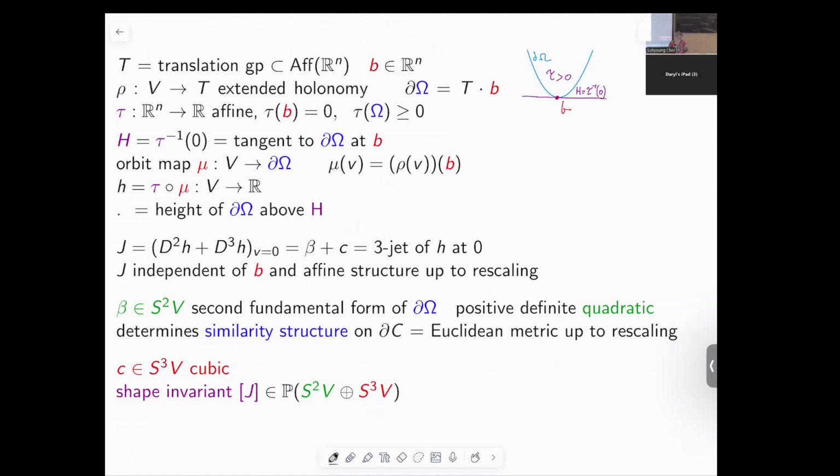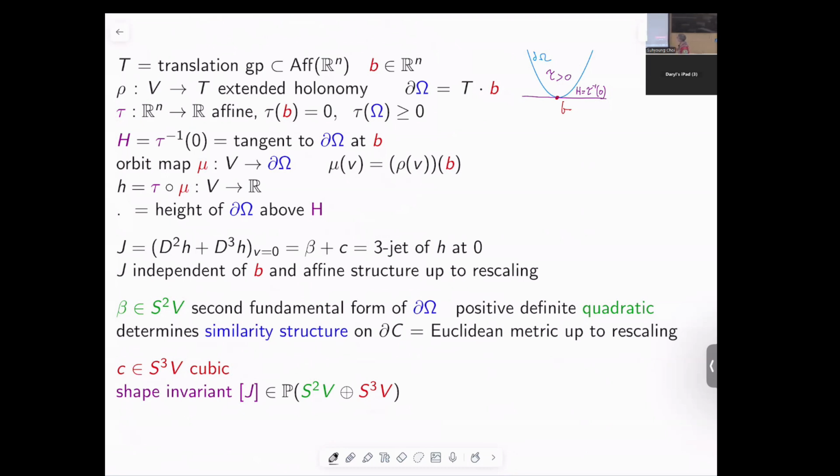A generalized cusp is given by data as well. The data consists of a Euclidean metric on the boundary defined up to scaling. What I talked about last time, it comes from the second fundamental form, plus extra data. And so there are various ways of giving that extra data I want to explain.